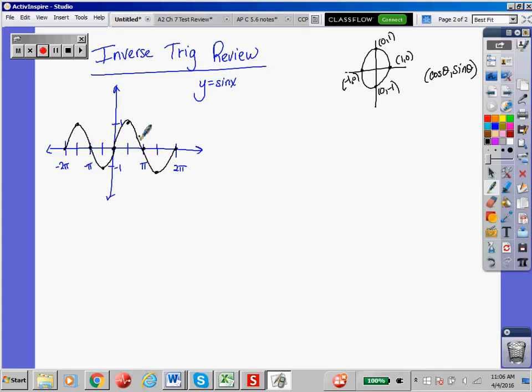So what mathematicians have done is, there's actually infinitely many chops I could make. But if I chop the graph from -π/2 to π/2, do you see that that piece of the sine curve would then pass the horizontal line test? Okay? So now understand, I could have done it from π/2 to 3π/2, 3π/2 to 5π/2.